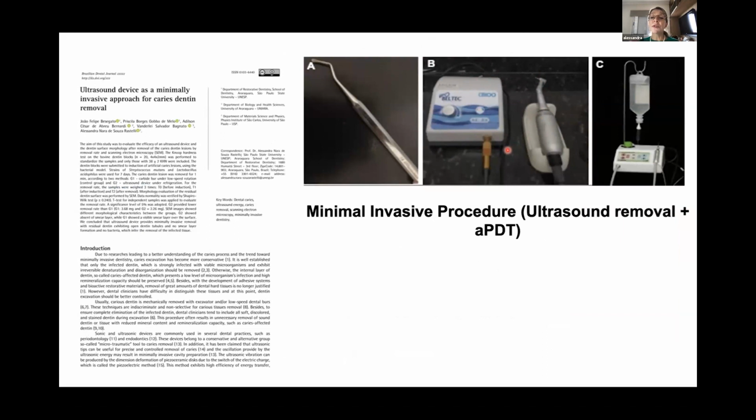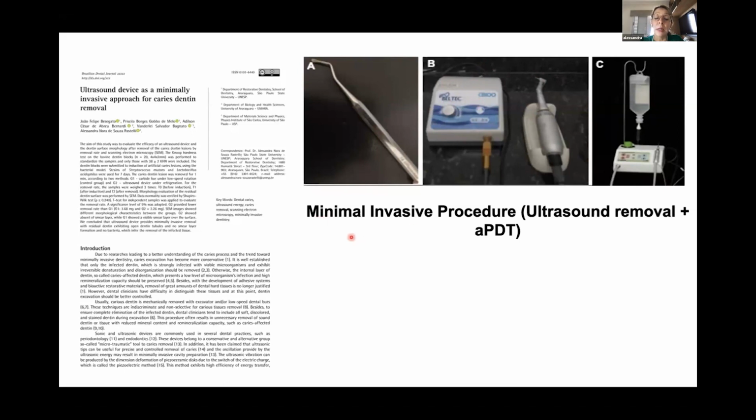It's a more conservative way to remove it, and then we can combine the technique that I already showed you in the last slide, based on the combination of the use of ultrasound and antimicrobial photodynamic therapy.